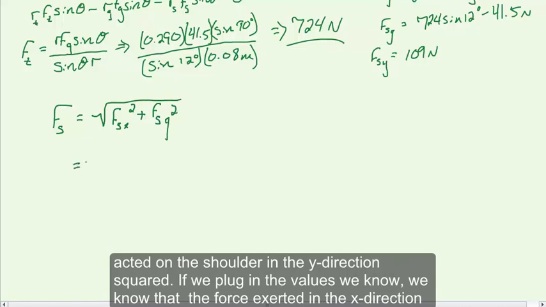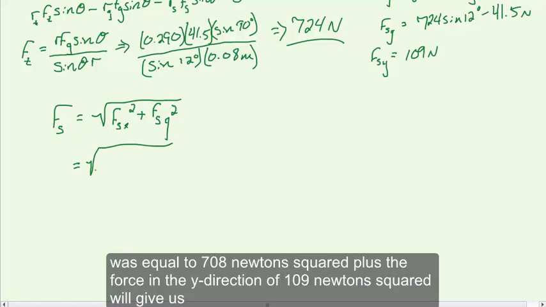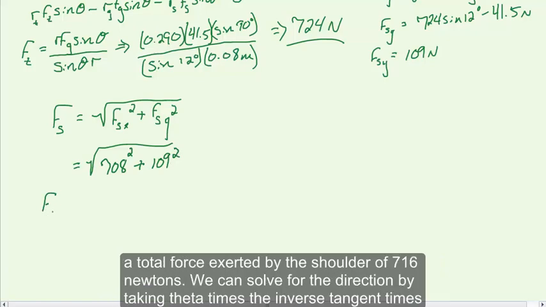If we plug in the values, we know that the force exerted in the x direction was equal to 708 newtons squared plus the force in the y direction of 109 newtons squared will give us a total force exerted by the shoulder of 716 newtons.